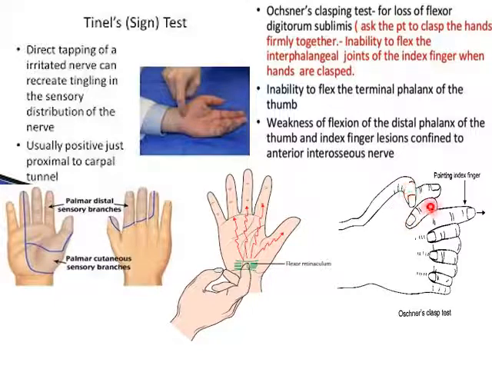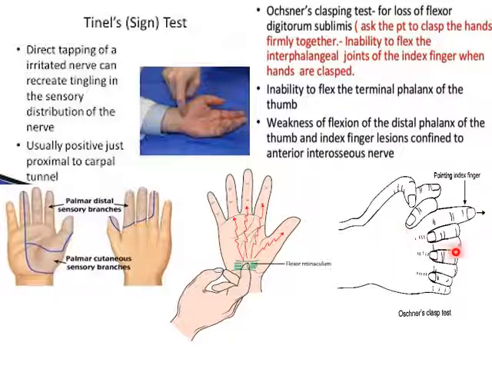Here you can see the flexion of the index finger and thumb of the normal side. If this is seen, then it is called pointing index finger or a positive Osler's clasp test.